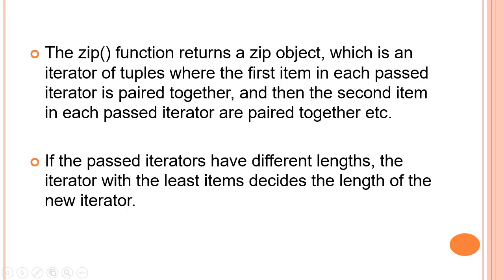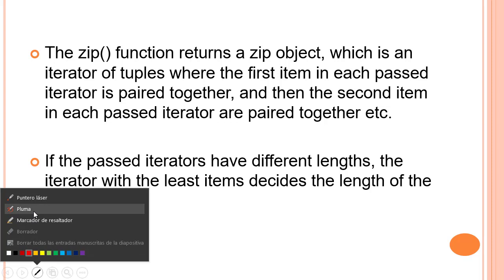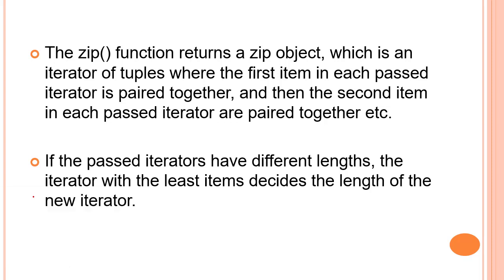Now the zip function returns a zip object. As we saw with enumerate, it used to return an enumerate object; here it returns a zip object, which is again an iterator of tuples, where the first item in each passed iterator is paired together. Okay. Index 1, whatever value you have in both iterables, it will just combine them together. If the passed iterators have different lengths, the iterator with the least items decides the length of the new iterator.